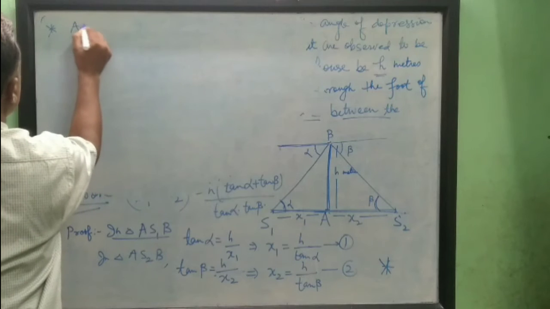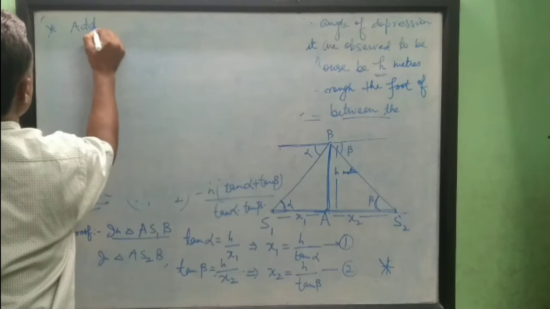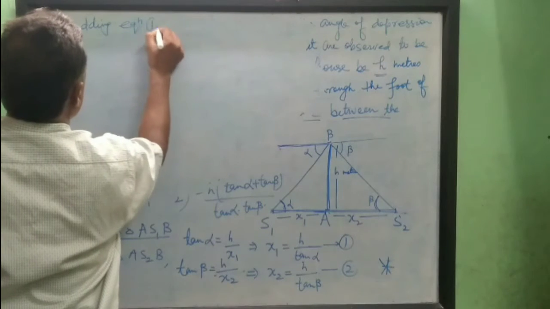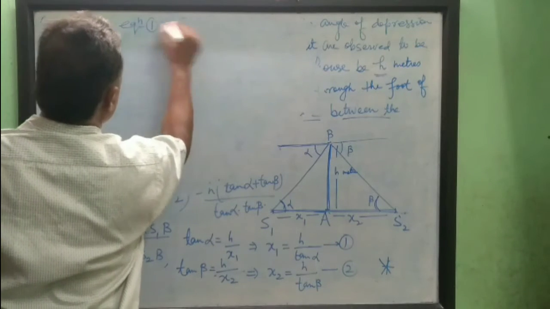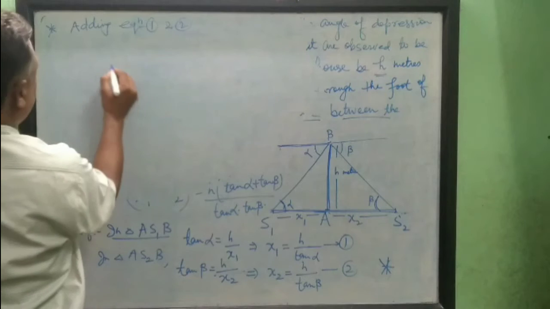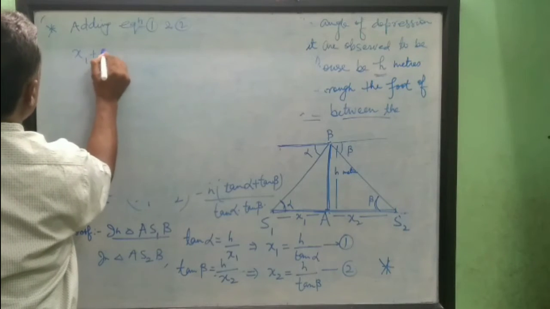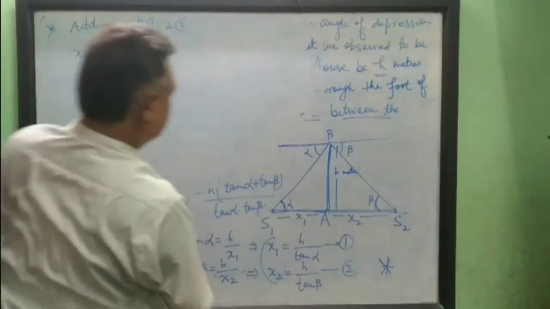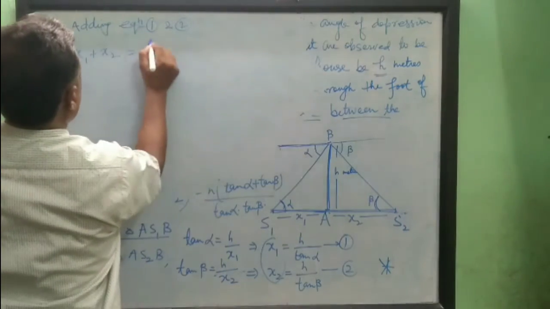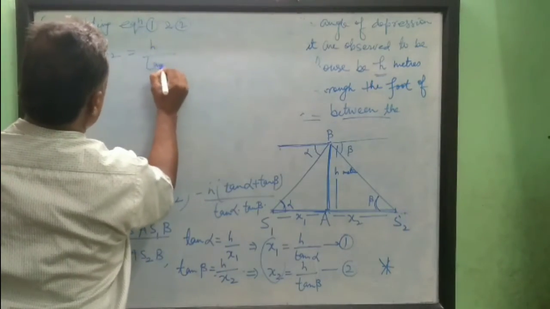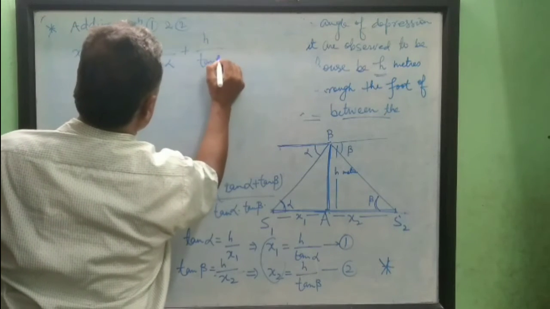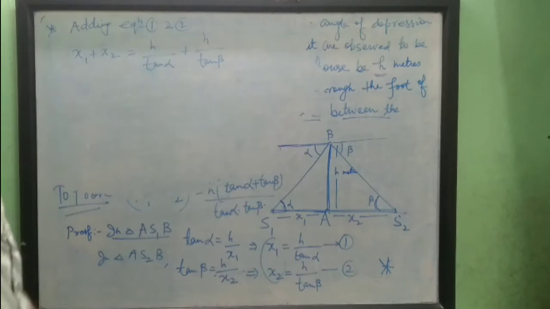Adding equation 1 and 2, x1 plus x2, left hand side is added with the left hand side and right hand side with the right hand side, is equal to h by tan alpha plus h by tan beta.